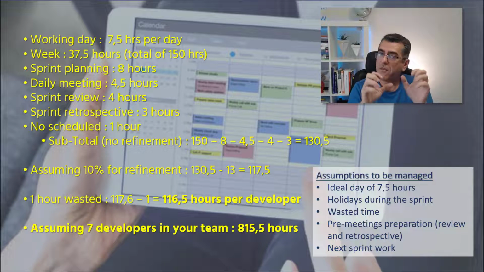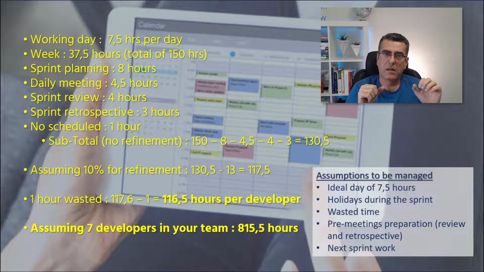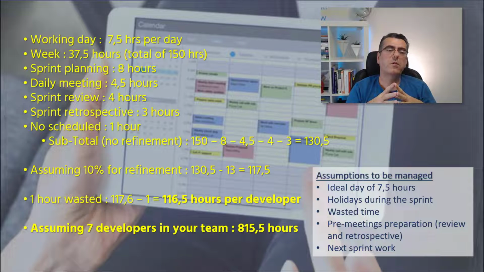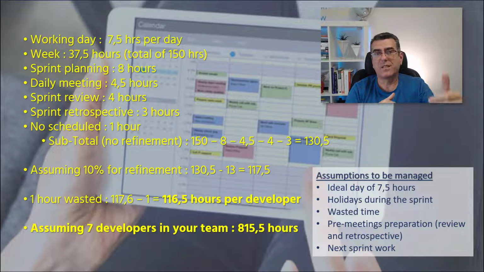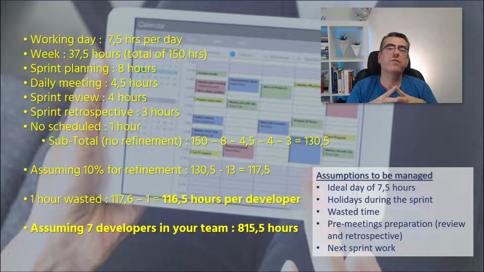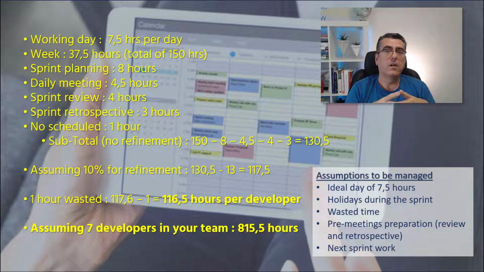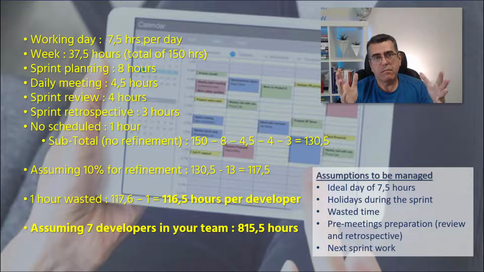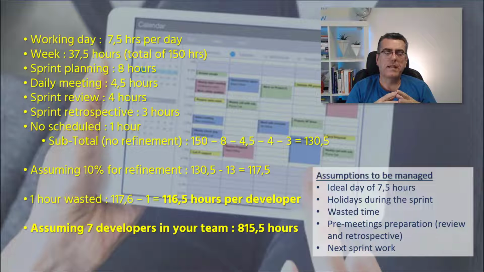If you need to have meetings to prepare, for example, for the sprint review, you need to include this in your agenda, in your schedule. And also you need to think about the next sprint work, when you're going to start, if you are ready, if something happens in the sprint review or sprint retrospective. It could be that for some reason they need to make some adjustments in your product backlog and you will not be able to start your next sprint.